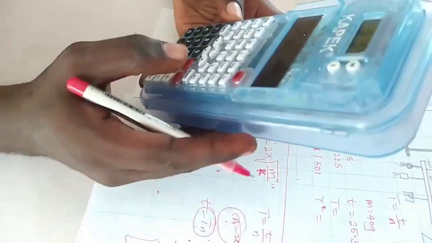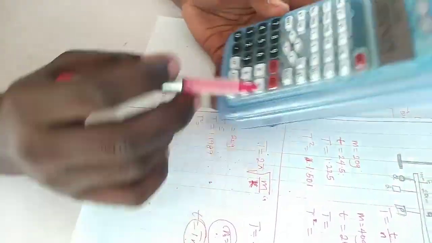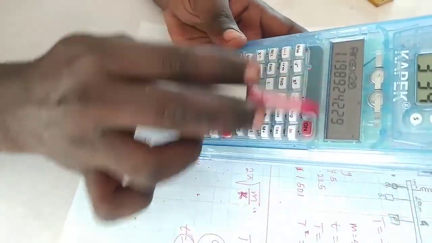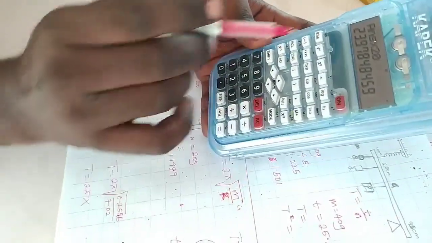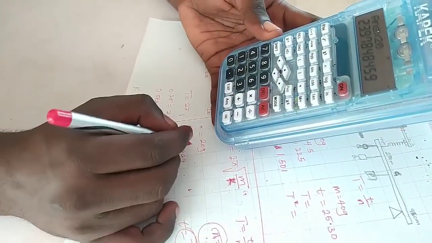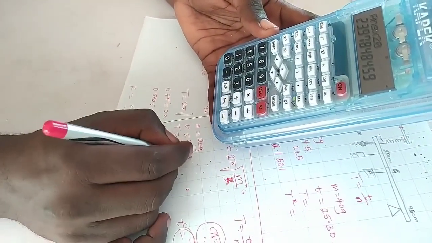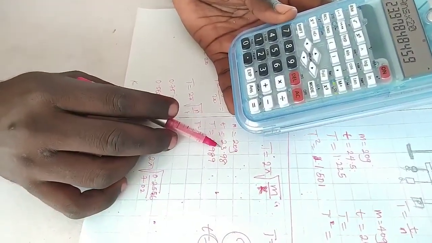Don't use the rounded one. You can see I'm using the exact value from the calculator without approximation. Multiplied by 20, you have 23.978. So write it to 2 decimal places: 23.98. Can you see now? So you've gotten your small t.